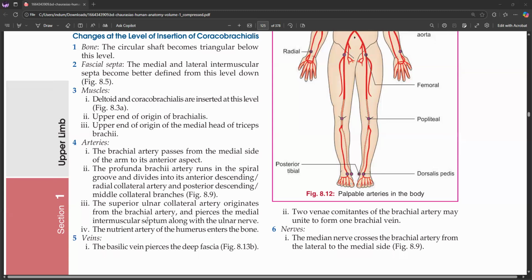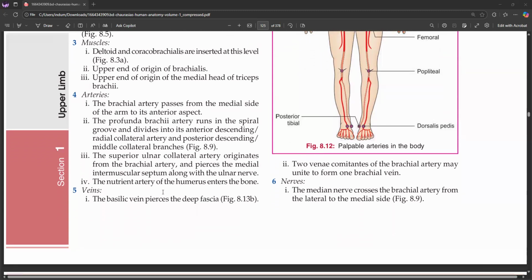Number 4. Arteries. The brachial artery passes from the medial side of the arm to its anterior aspect. The profunda brachii artery runs in the spiral groove and divides into its anterior descending or radial collateral artery and posterior descending or middle collateral branches. Figure 8.9.